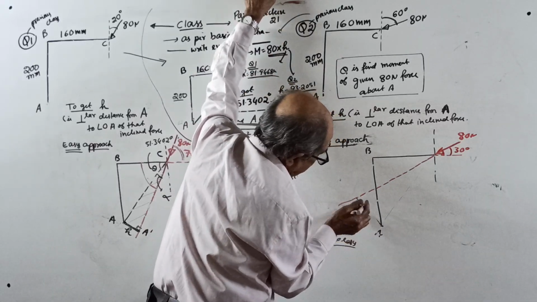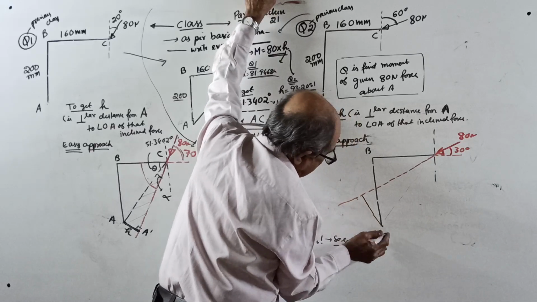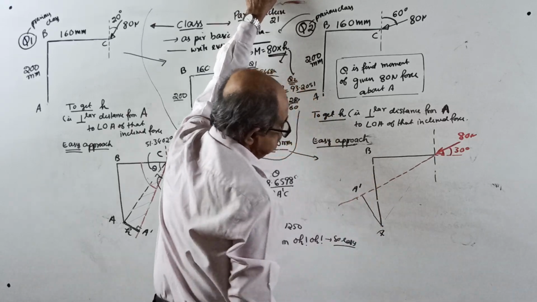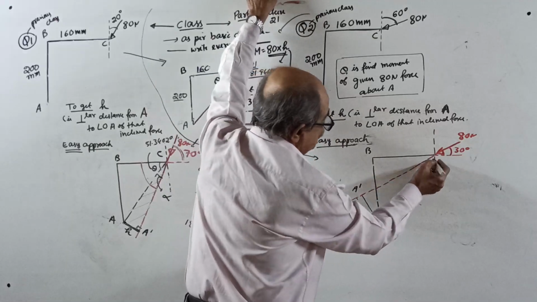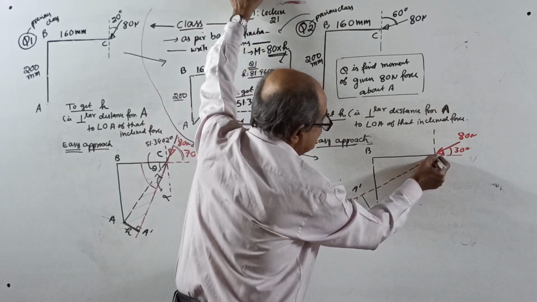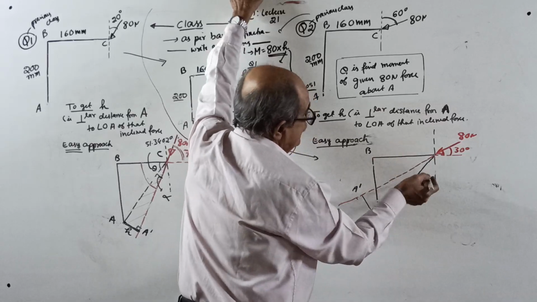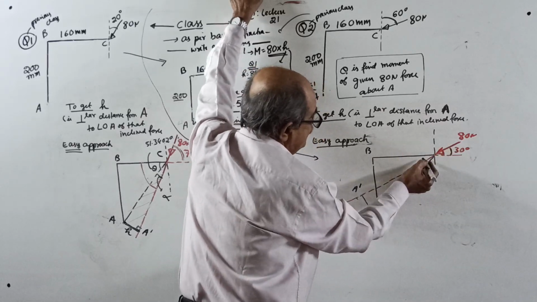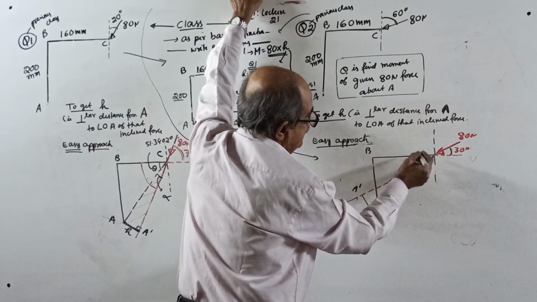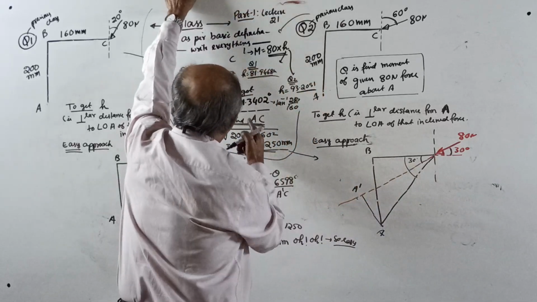Okay, from A, draw perpendicular A dash. Now also do one thing. Like last time, this line is required. Now, this is 30 degrees means this is 30 degrees, guaranteed. And this full angle is already known. How much?